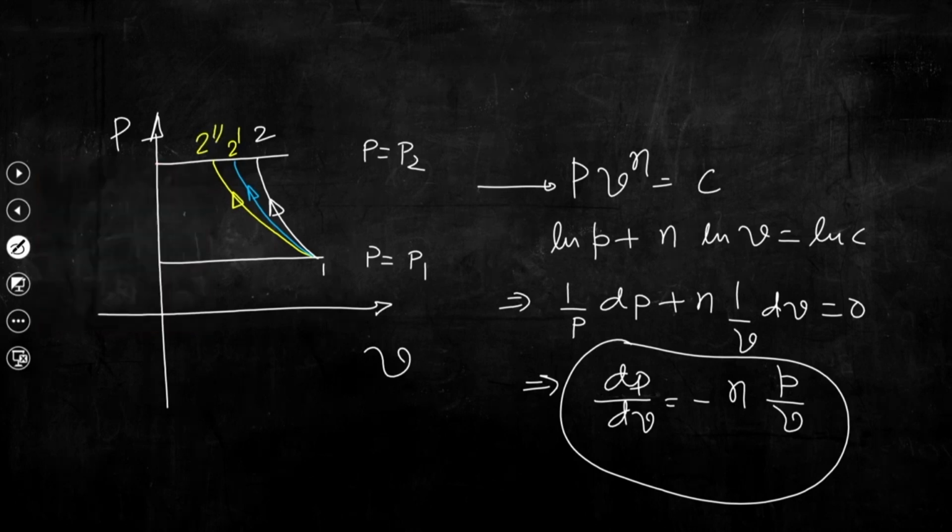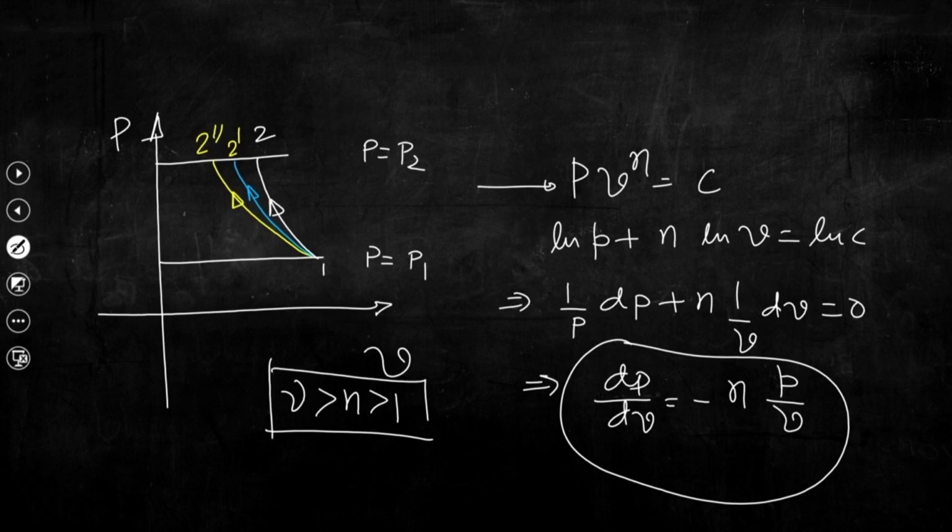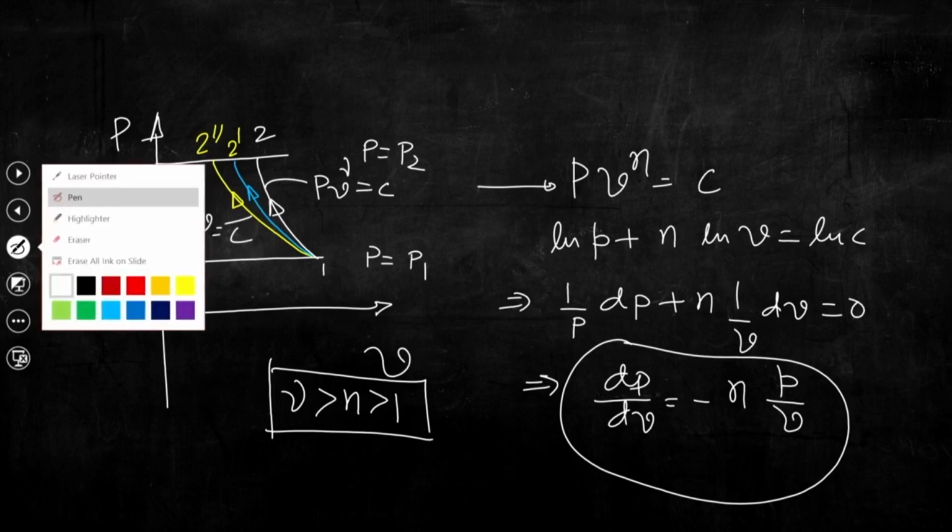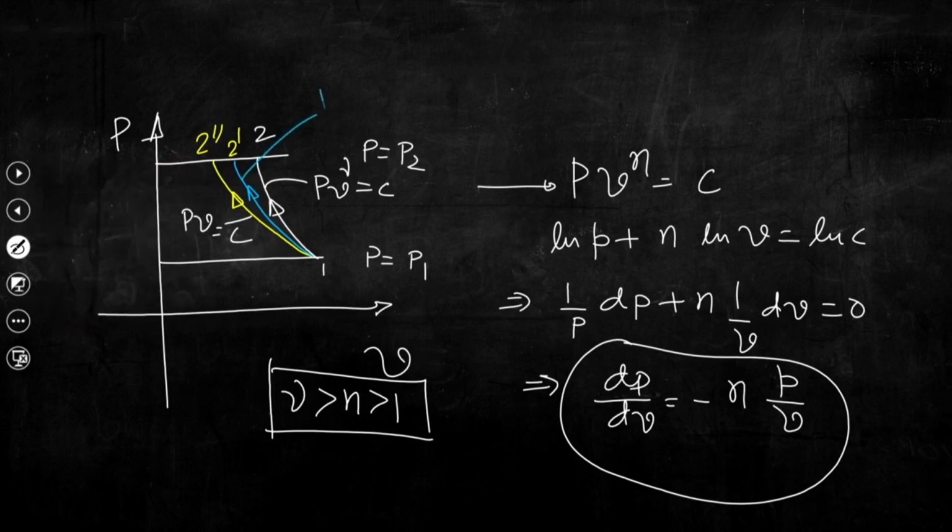So, that means here if we consider gamma greater than n greater than 1, if this is the sequence, then we can understand this is basically Pv to the power gamma equal to constant, this is Pv equal to constant, and certainly this is Pv to the power n equal to constant.